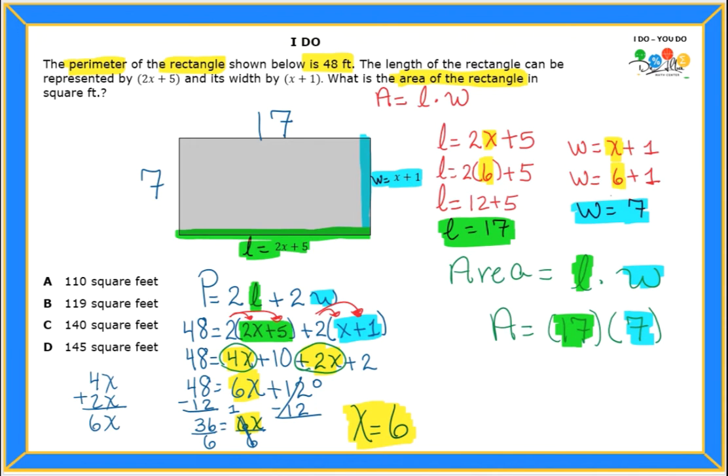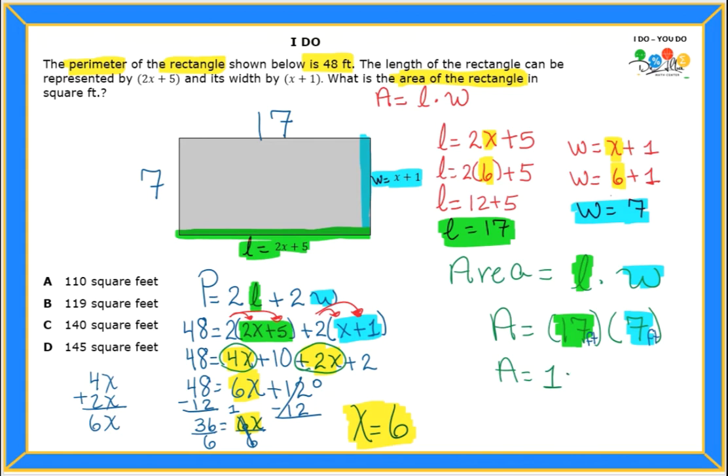Remember, all of these are in feet, so make sure that we write down the feet, just to make sure that we don't forget that the measurement needs to be in feet. So my answer here will be A equals 17 feet times 7 feet.